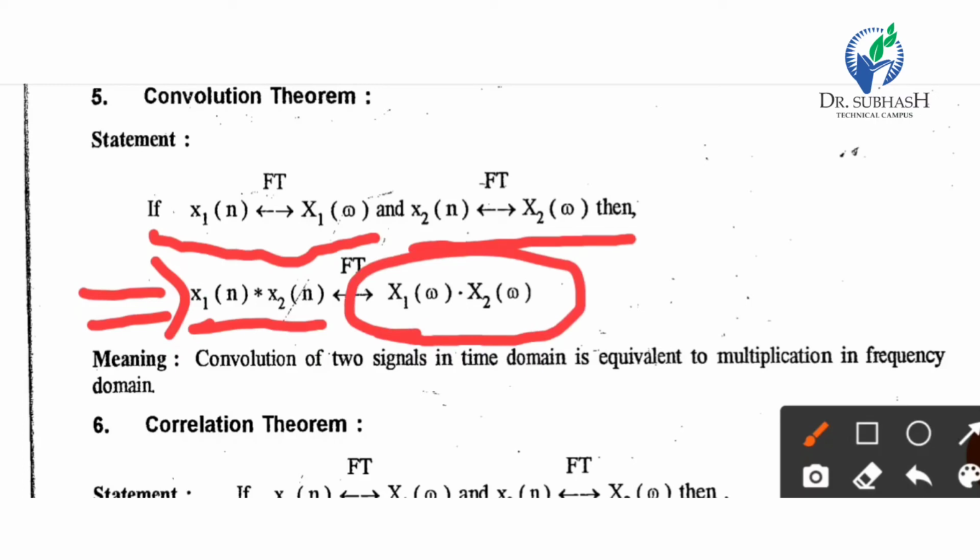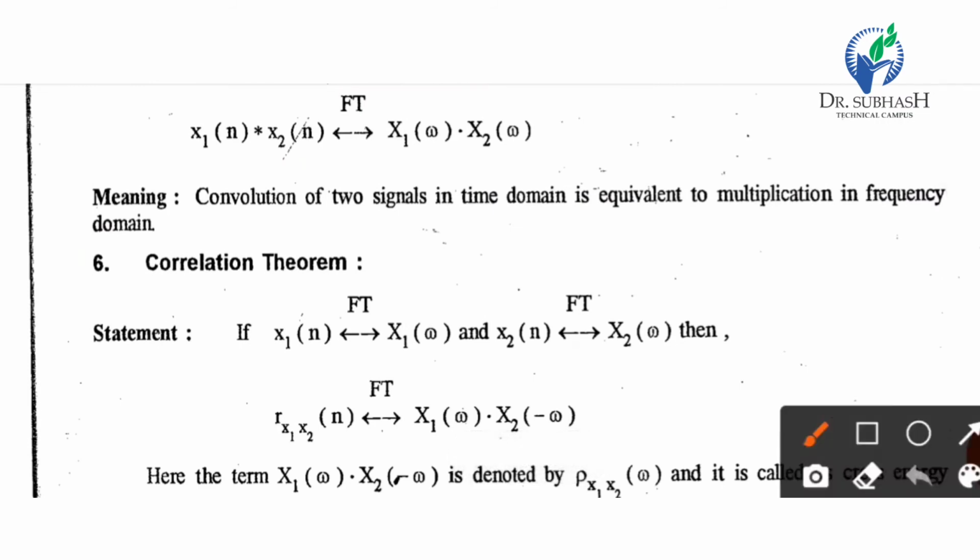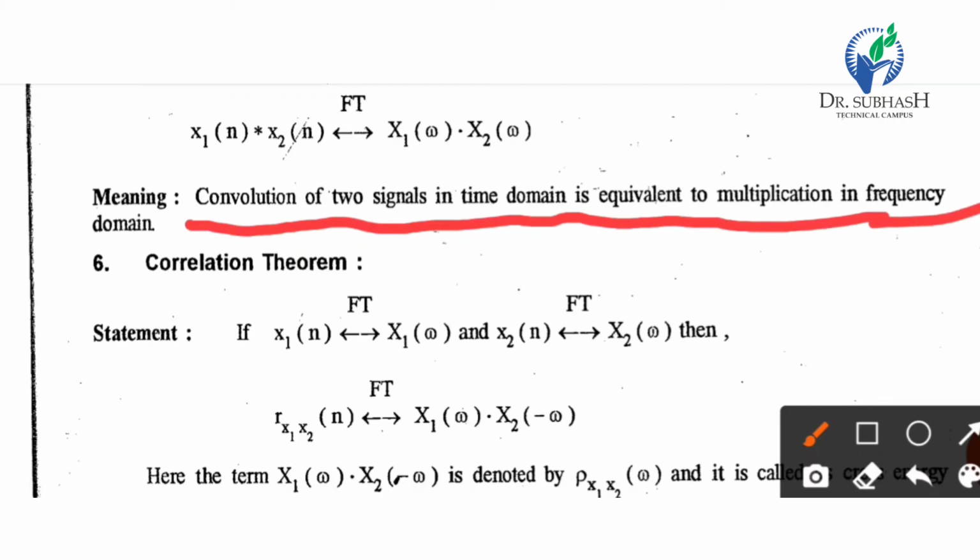Convolution in the time domain is multiplication in the Fourier transform. So the meaning of this property is that convolution of two signals in the time domain is equivalent to multiplication in the frequency domain, just like the Z transform.